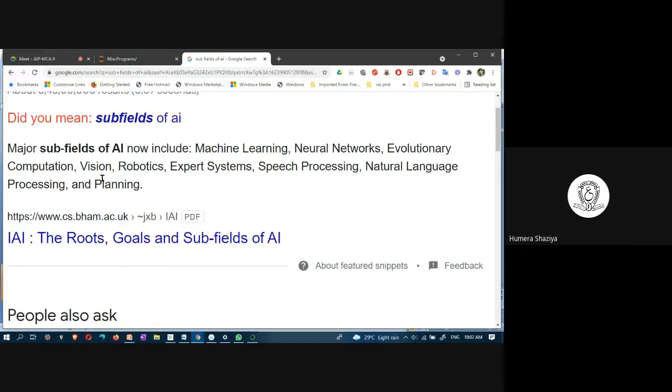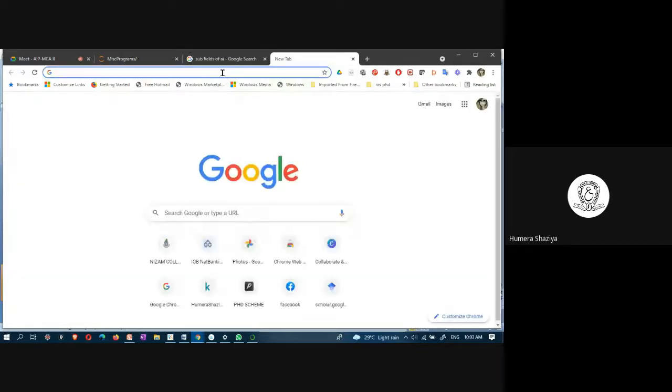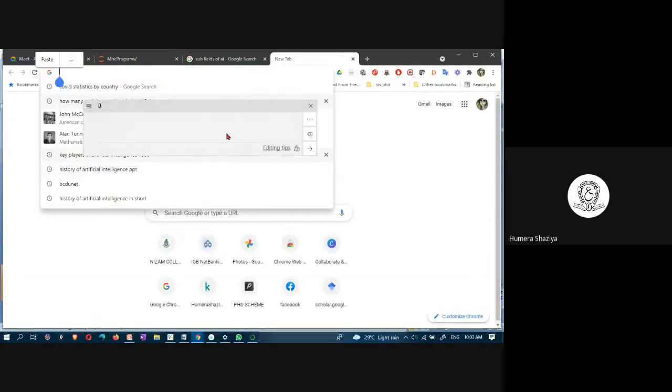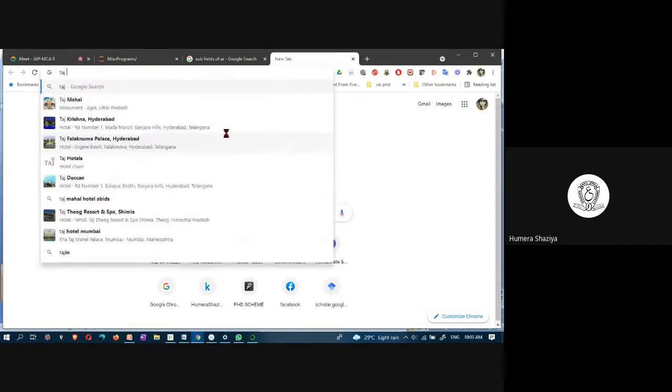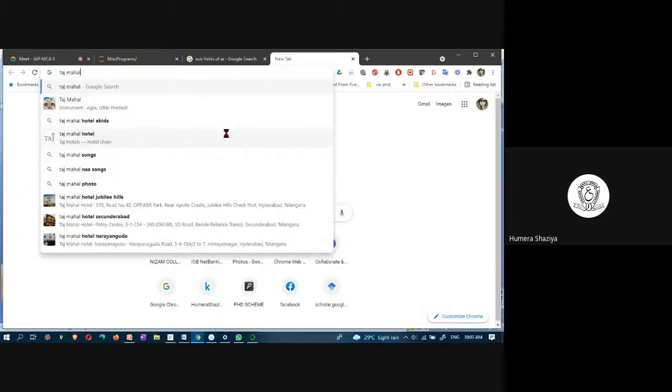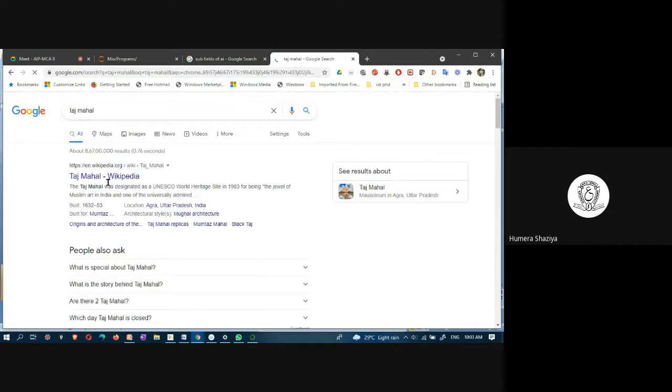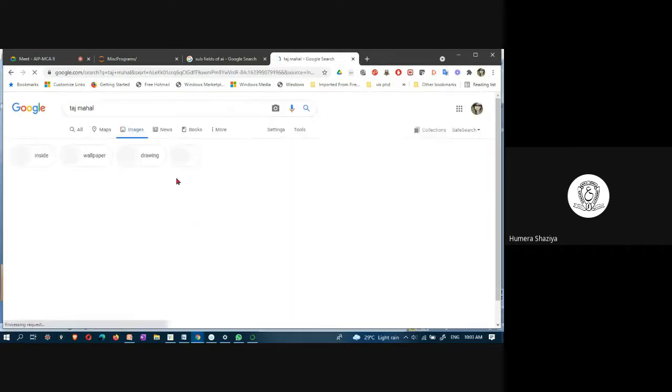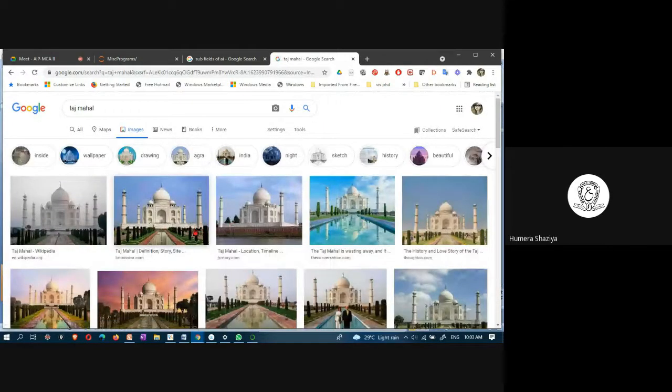Well, vision is about seeing and identifying the objects. Humans can see and identify. If I show you an image of a monument, you can see this.